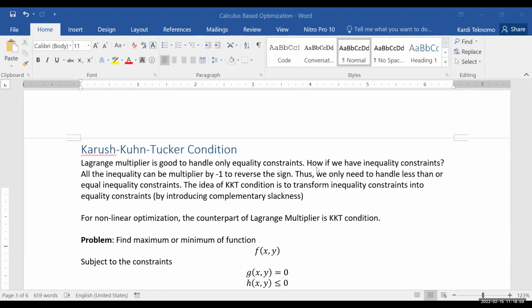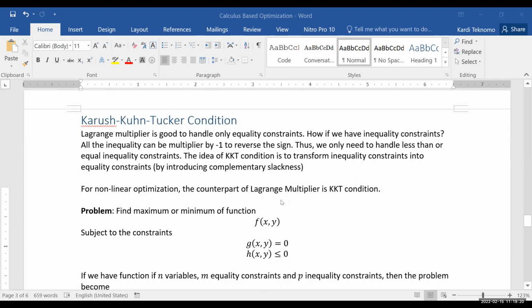How if you have an inequality constraint? All inequalities can be multiplied by -1 to reverse the sign. Then you need what is called the Karush-Kuhn-Tucker condition, the KKT condition.